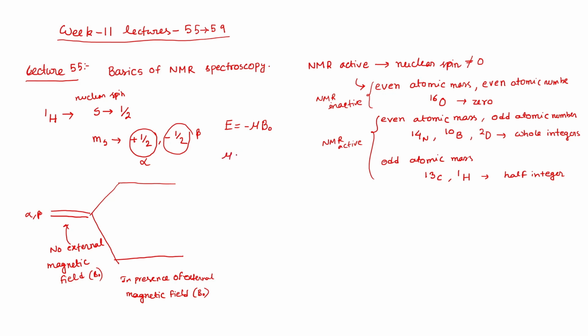Now this mu is actually gamma into I. This gamma is known as the gyromagnetic ratio, which is different for different nuclei. For proton, the gyromagnetic ratio is actually 4 times the gyromagnetic ratio of carbon. So this is what actually makes the difference.